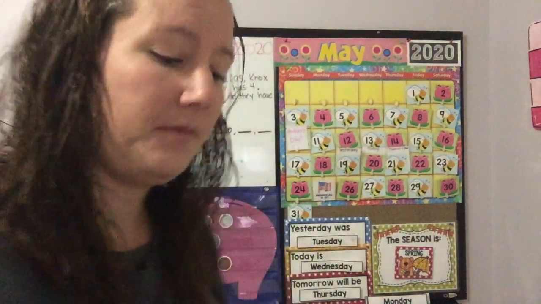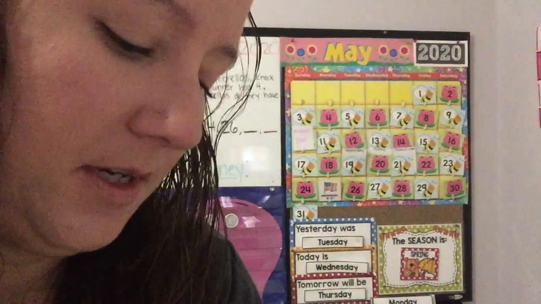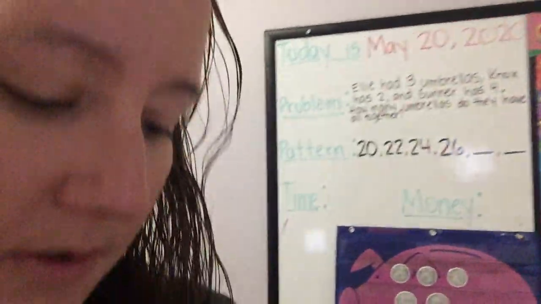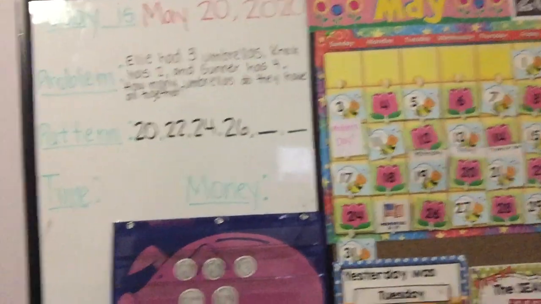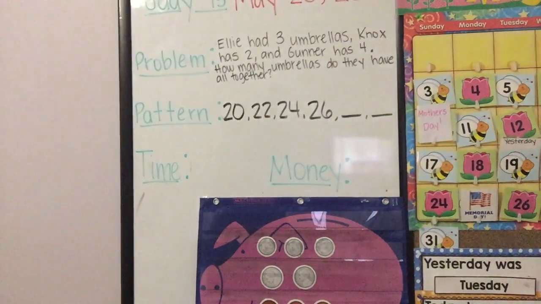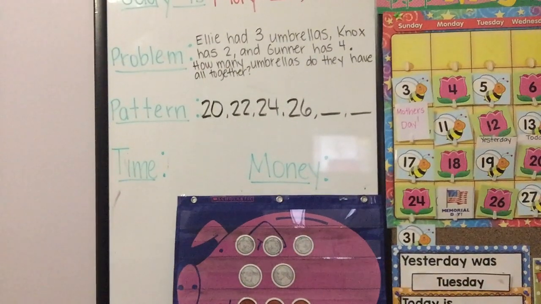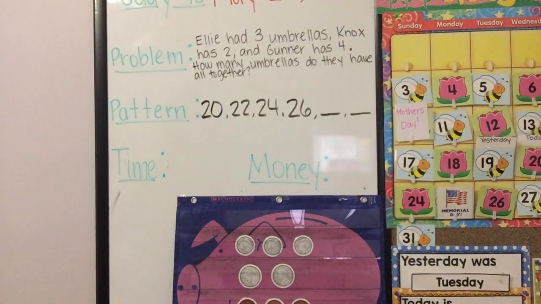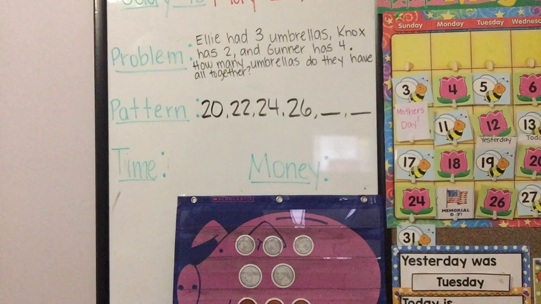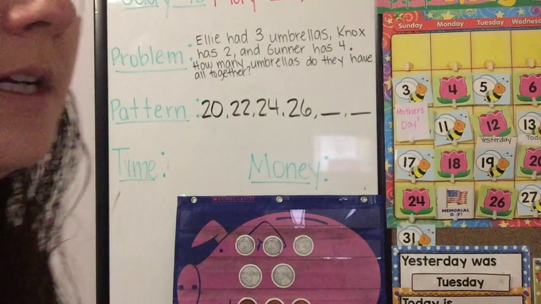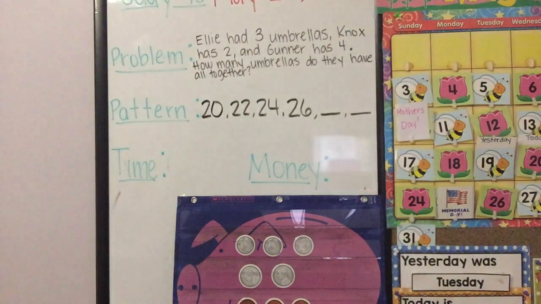Very good. Okay. I'm going to scoot you just a little bit closer so we can look at our problem, our pattern, our money. Okay. So for our problem of the day today, guys, we have a word problem, a story problem. So I'm going to read it to you a couple times. We'll find the important information together and we'll solve it together. Okay.